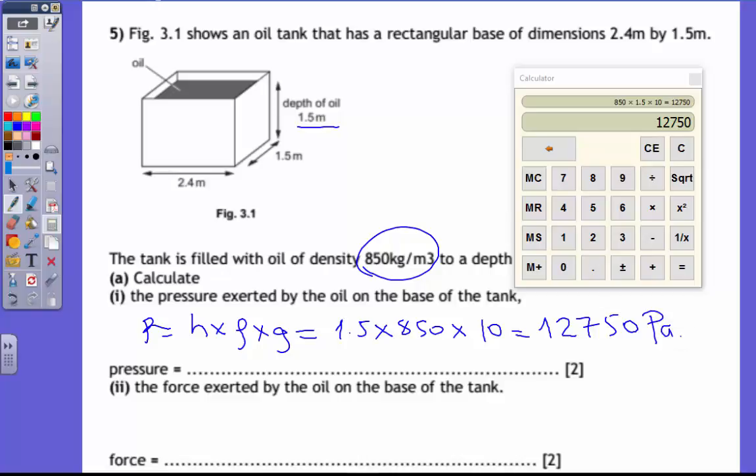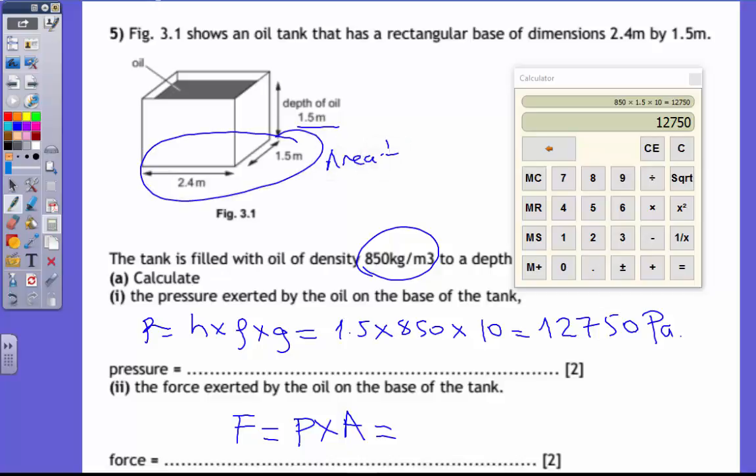The force exerted by the oil on the base of the tank: force is equal to pressure times area. We should find the base area, which is 2.4 times 1.5. Sorry, I made a mistake.